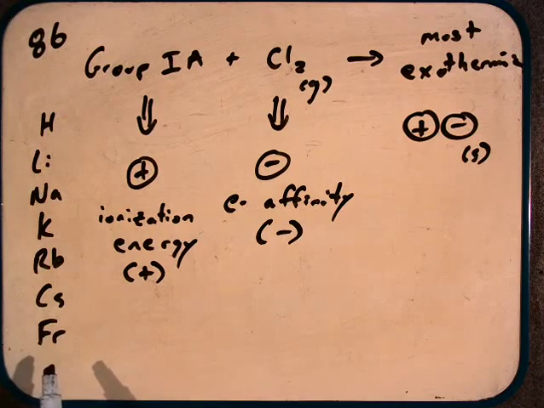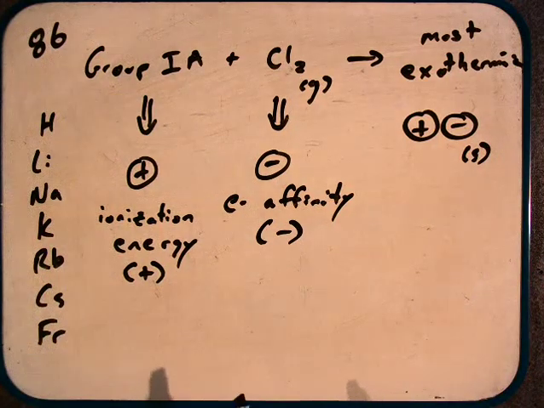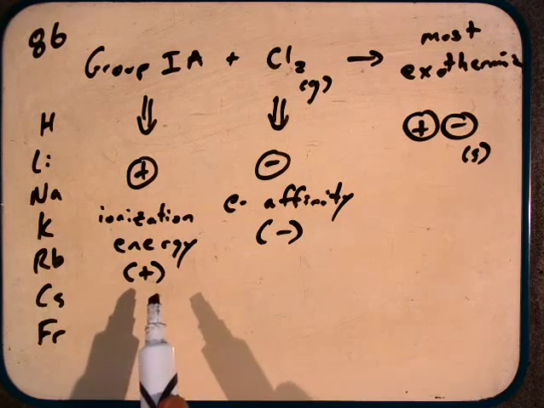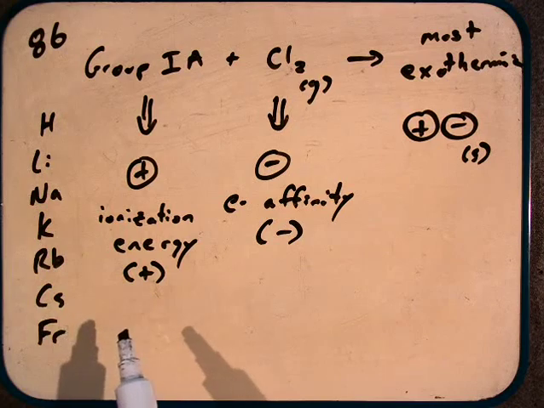Because the one that is the lowest would be the one whose electron is easiest to remove. And so since it's easy to remove that electron, it would result in the most exothermic reaction because there's not a large contribution required by the ionization energy.